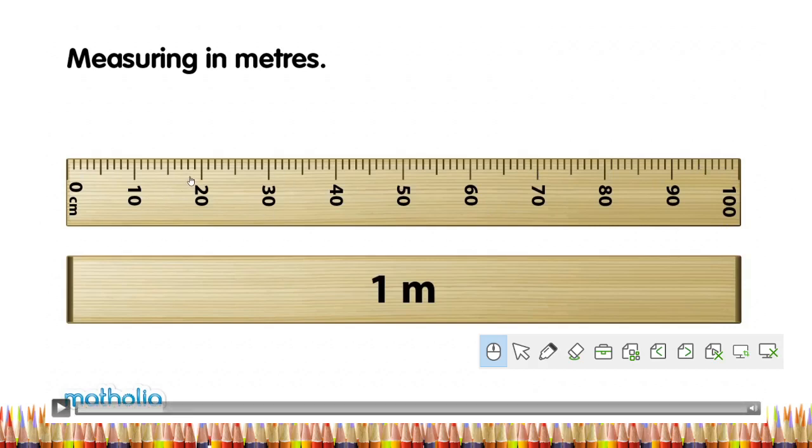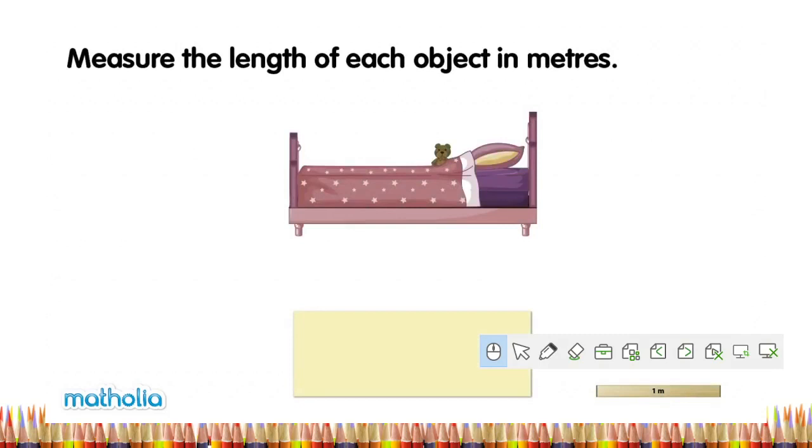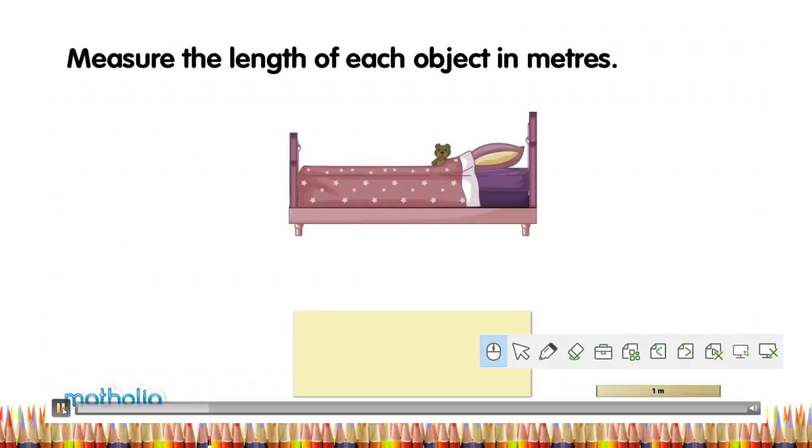So this is 1 meter and this is 1 meter long. Measure the length of each object in meters. Okay, here we have this bed. We're going to measure the length of this bed by using this ruler.